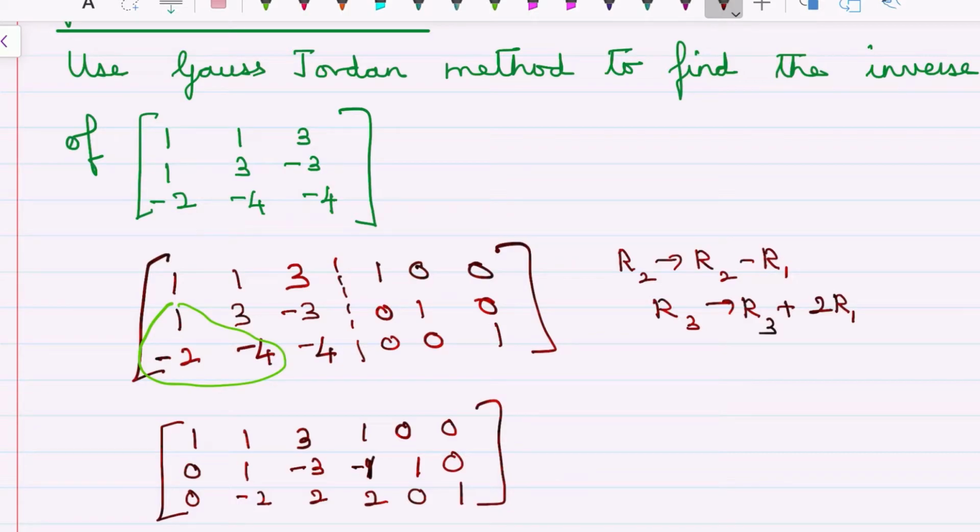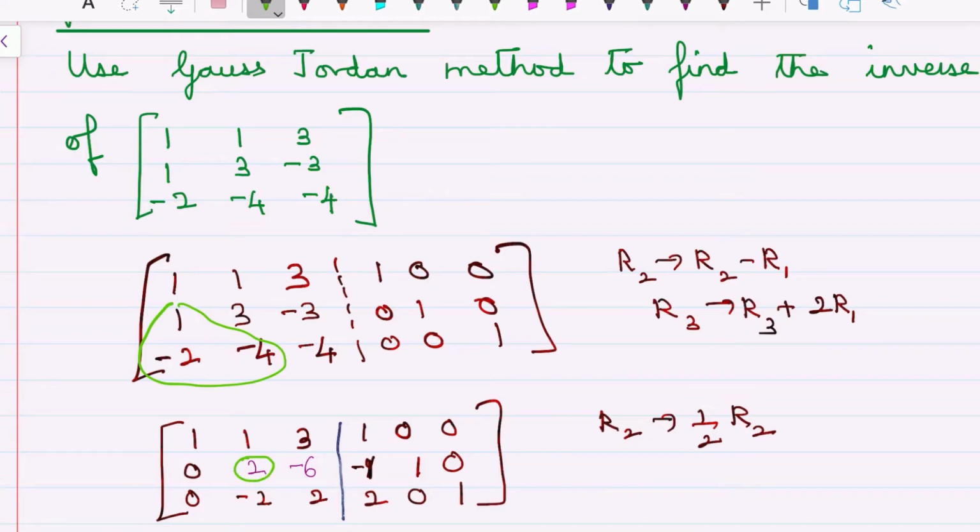Now what we would be doing is half times R2. This would be 0, 2 and minus 6. So if I were to do half times R2, you will get a 1 here.